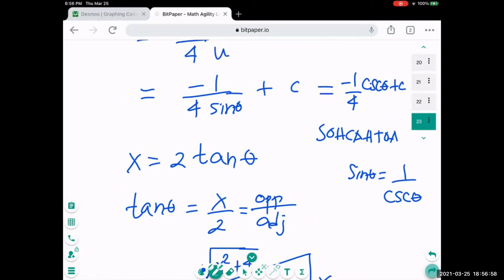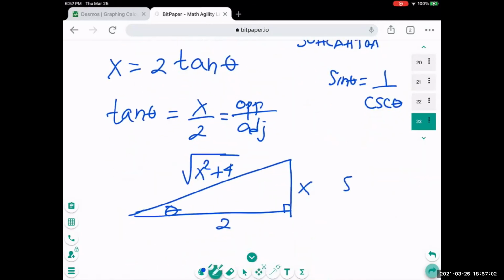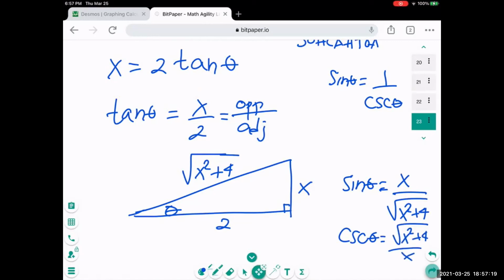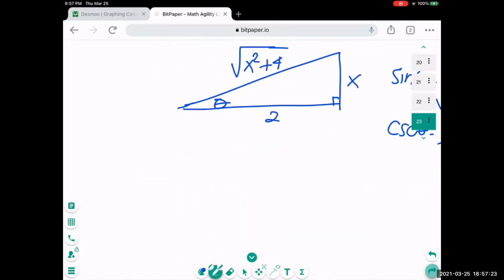So this is our relation. Our sine theta based on this is opposite x over hypotenuse square root of x squared plus 4. So our cosecant theta would be the inverse of this, the square root of x squared plus 4 over x. So let's write our final answer: negative 1/4 cosecant of theta plus c.